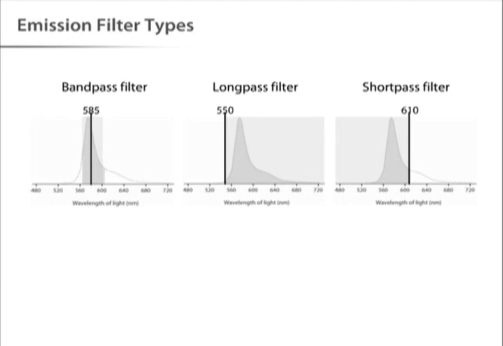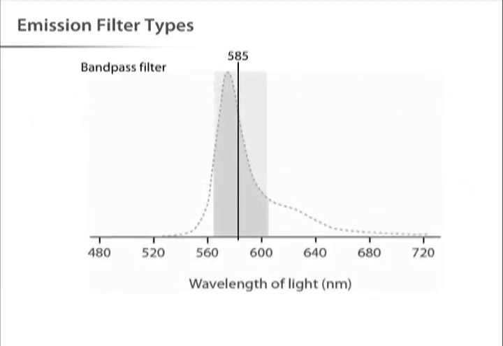Let's take a moment to talk about filter nomenclature. Filters are normally defined by one of two parameters, either the center point for a bandpass filter or the cutoff point for a long or short pass filter. This is a typical bandpass filter specific for RPE. It has a center point of 585 nanometers and a width of 42 nanometers.